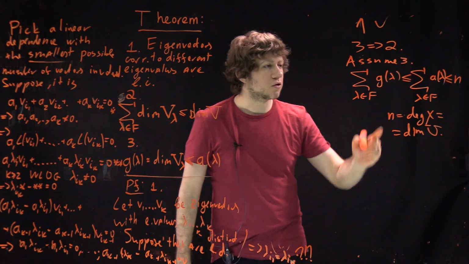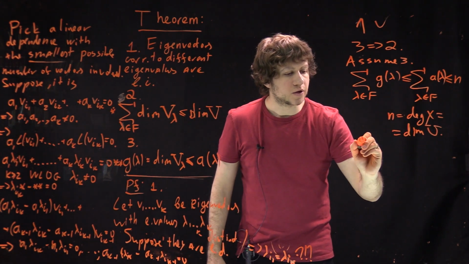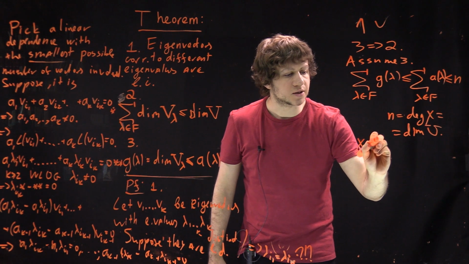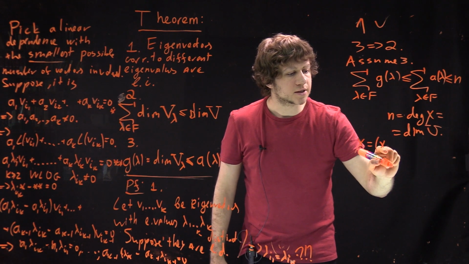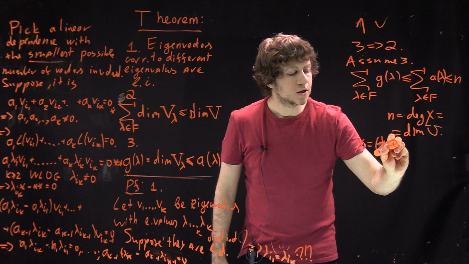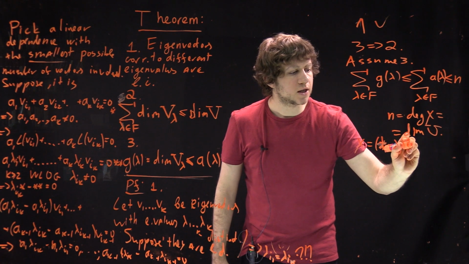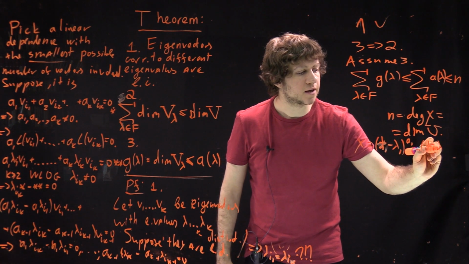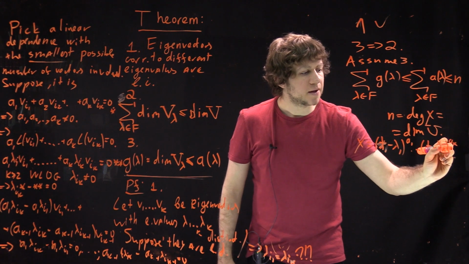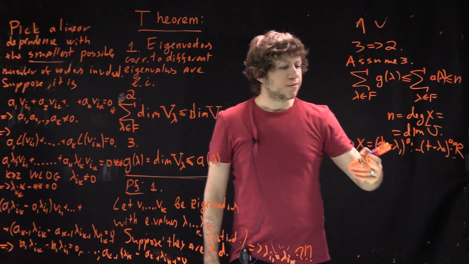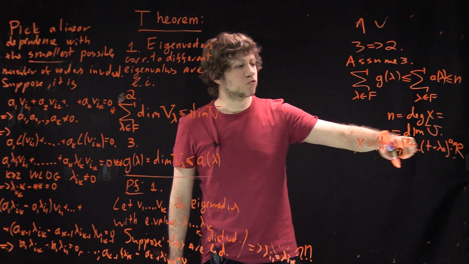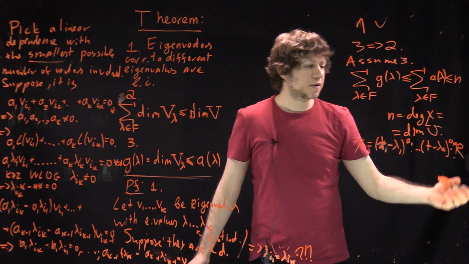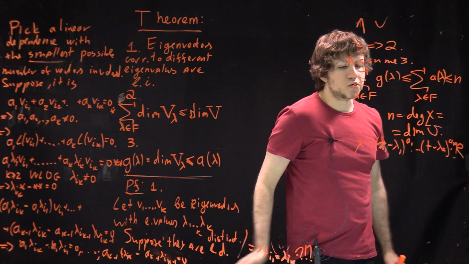This is just because if your characteristic polynomial chi is something like (t minus lambda 1) to the power a1 up to (t minus lambda k) to the power ak, and maybe times some other polynomial r, because it has its roots with some multiplicities, but it might be the case that there is some part which has no roots at all.